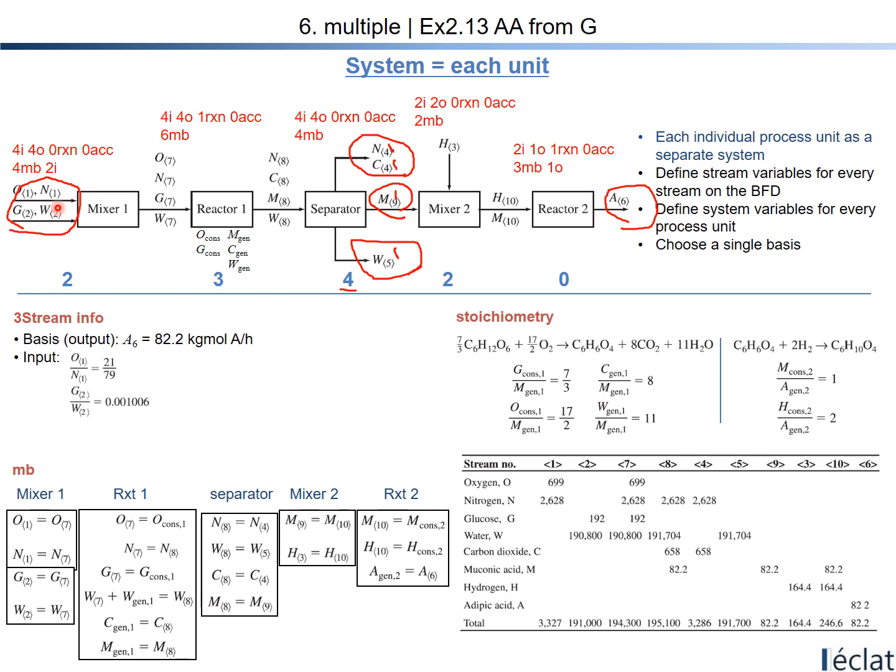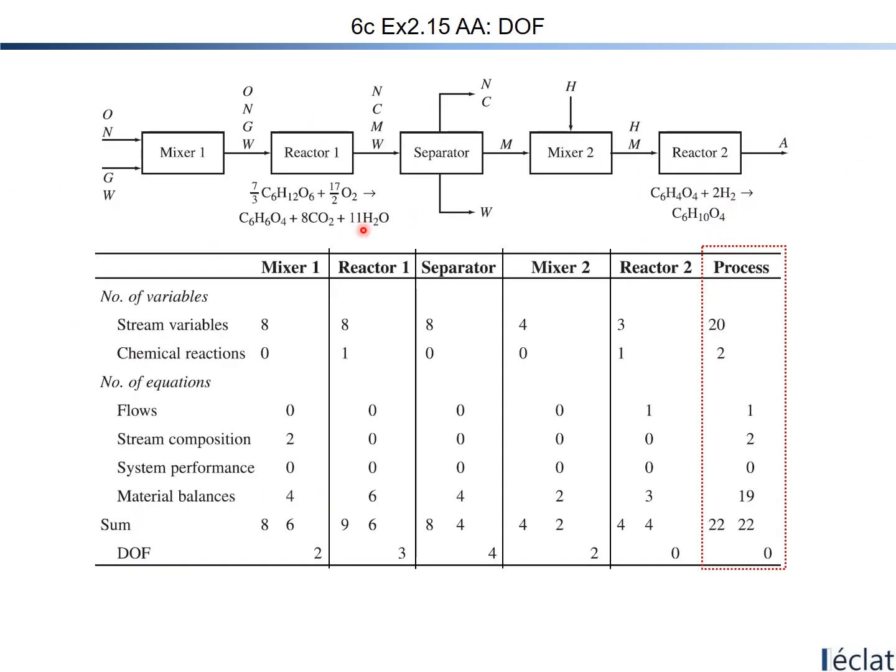Then you could solve all unknown values about this process. This is the table for the final answer. So you can do the detailed calculation by yourself. This is the summary table for the example 2.15, adipic acid production from the glucose.